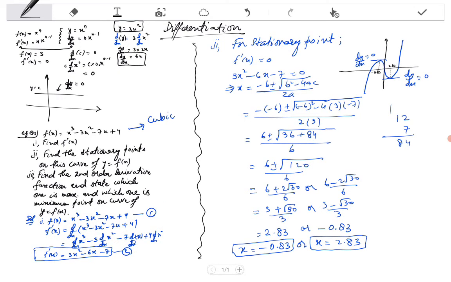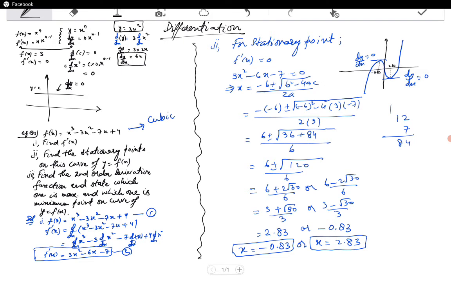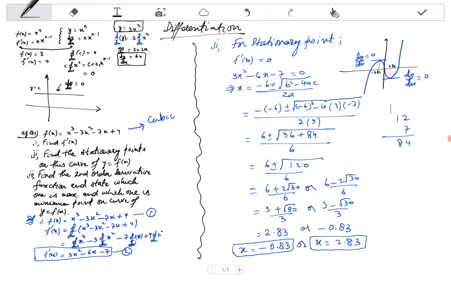But these are not the maximum or minimum values of the function or stationary values. We have to find out the stationary points. So we need to know the corresponding values of y as well. So substitute these two values in equation 1, this one, x cube minus 3x square minus 7x plus 4. That will give you the y coordinate of the turning point.